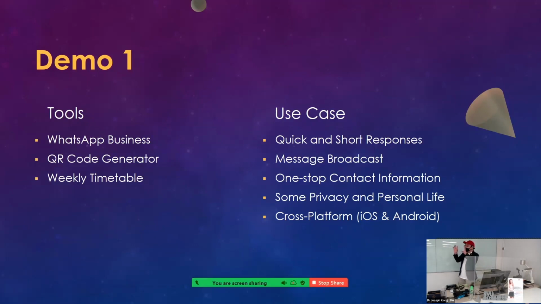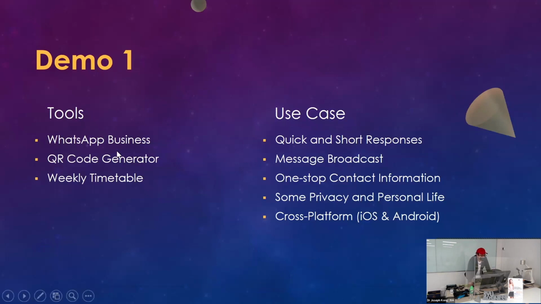You have a one-stop location for your students to reach you, and you can also print your QR code on your weekly timetable and put it everywhere, maybe on the door of your office, maybe on Moodle, and also in your introduction to your course. So you could have quick and short responses.